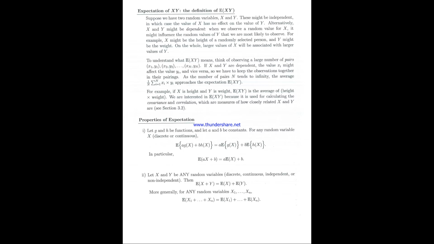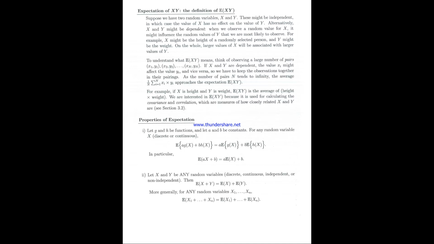So to understand the meaning of the expectation of XY, we collect a large number of pairs from x and y. If x and y are dependent, then any value of x might affect the value of y.